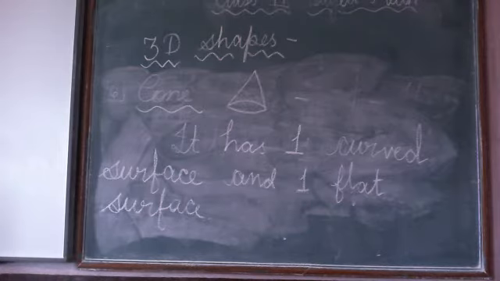So we are having 6 common 3D shapes: cube, cuboid, prism, sphere, cylinder and cone.